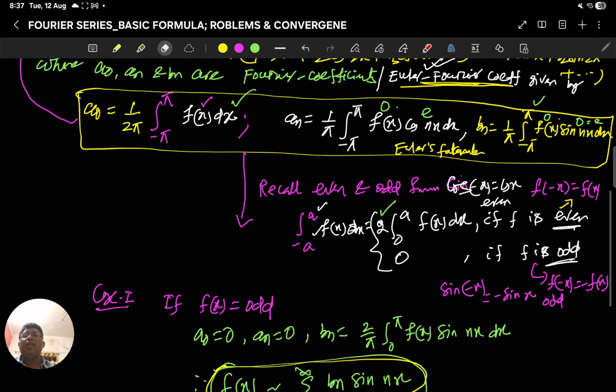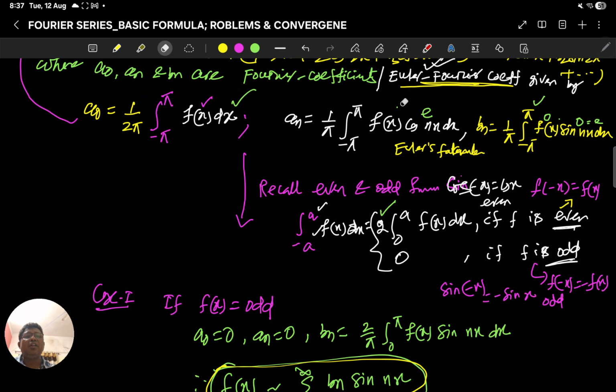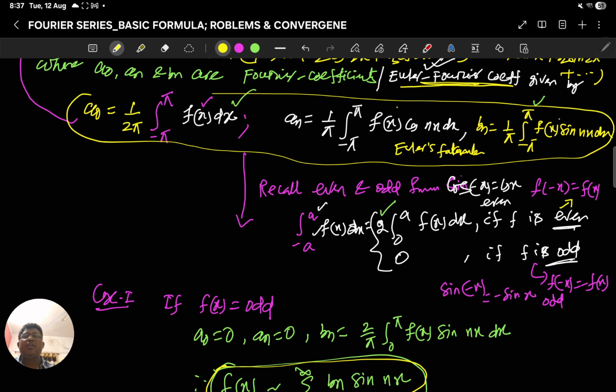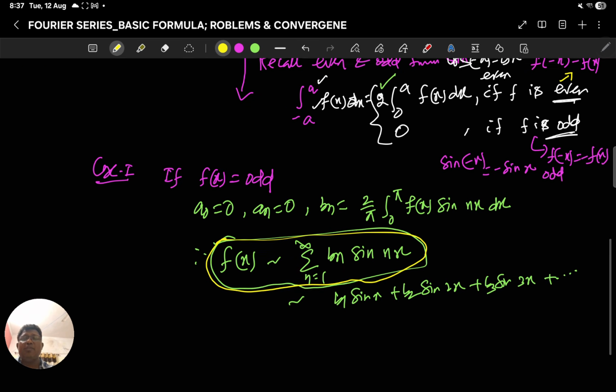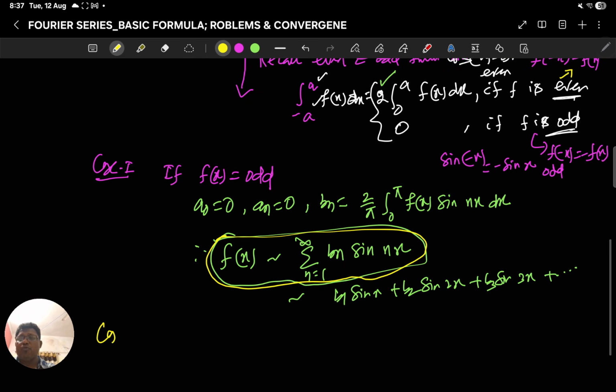Right? So now likewise, if the function is an even function, then what will happen? Suppose your f(x) is even, coming to your case 2. If f(x) is an even function, what will happen?